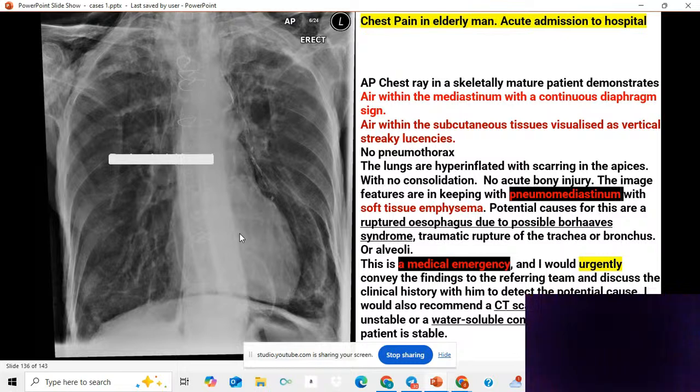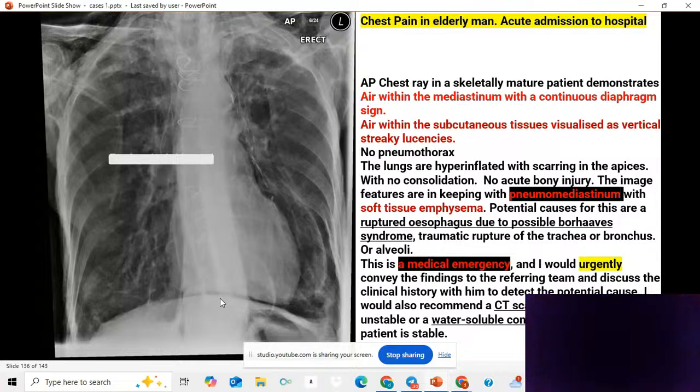In this case, if you see evidence of pneumomediastinum on the chest X-ray, you need to think of esophageal perforation as the most likely cause.